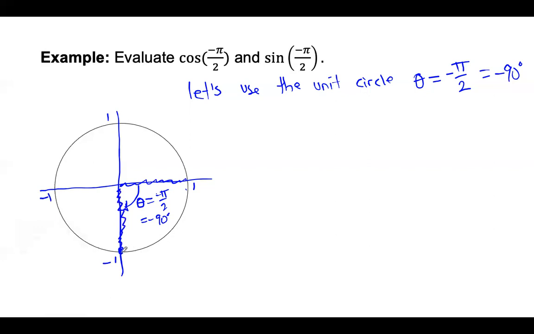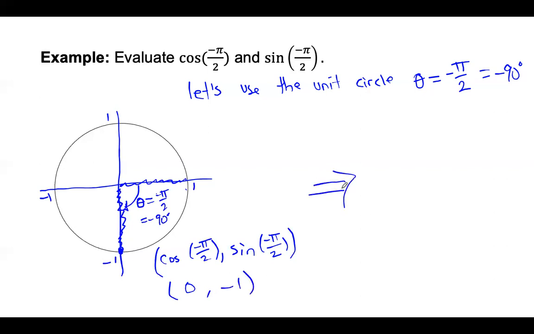So again, this point down here is the cos of negative pi divided by 2 and the sine of negative pi divided by 2. Well, the first value is 0, and the second, because it went down, would be -1.